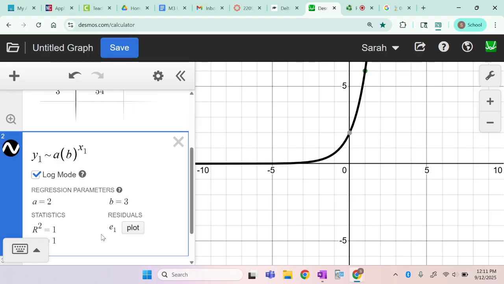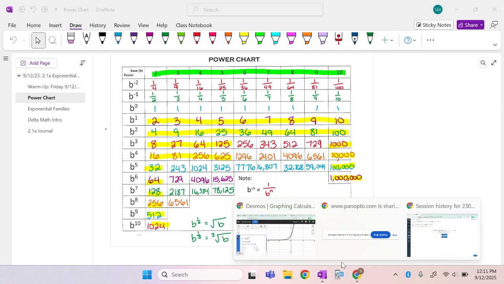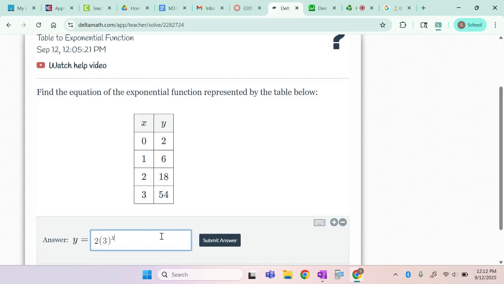And then whatever your parameters are, that's what you're going to use for a and b of your function. So I'm going to type in 2 times 3 raised to the x power.